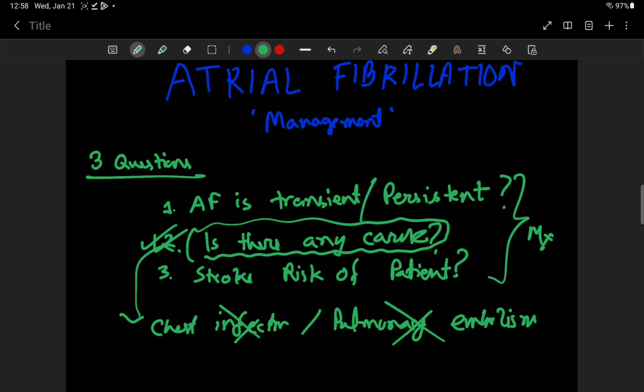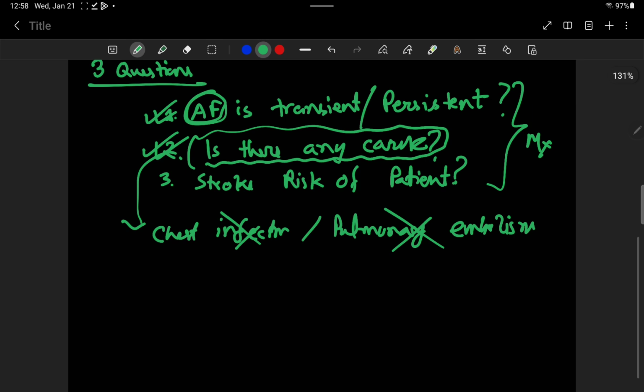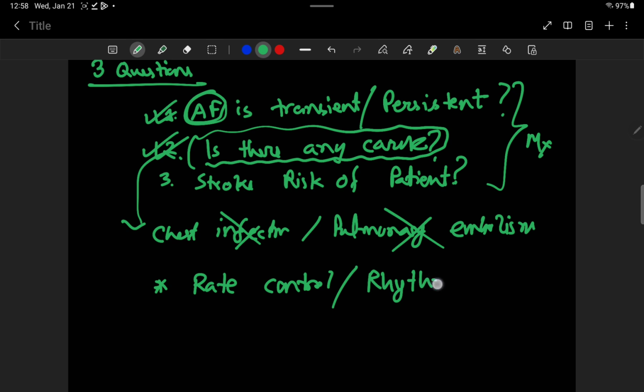Secondly, if you are treating the cause and atrial fibrillation is still present, then there will be the issue of either rate control, where the rate is high, or rhythm control, as the pulse is irregular.